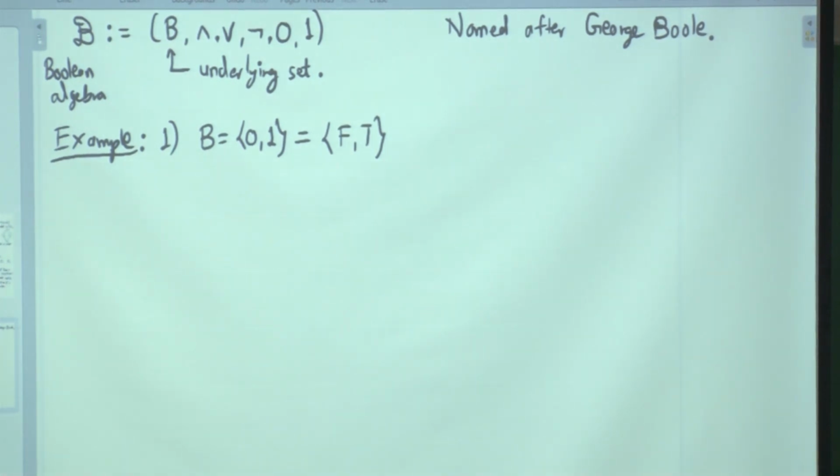What is the meet operation here? The table for meet, I am sure you can complete this. Tell me, T meet T is? T meet F, F meet T, and F meet F. Very good. Join.